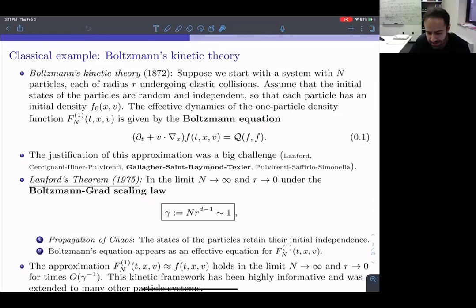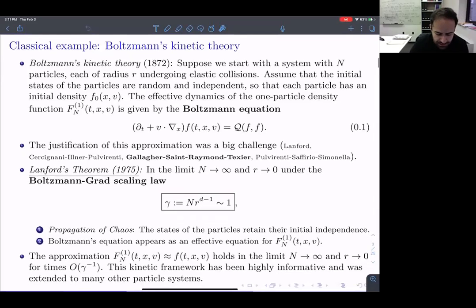Of course, as the particles interact with each other, this very important property is exactly what we were after, is that indeed Boltzmann's equation is a faithful approximation for the one particle density function Fn1.